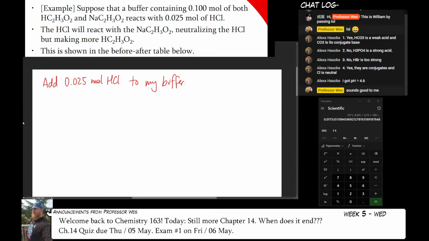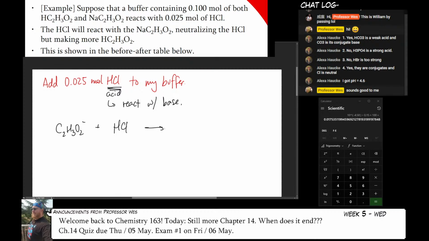So first, let's write out the reaction of the buffer with the HCl. Now, this is an acid, which means that it will react with what part of the buffer? It's not going to react with the acid, right? It's going to react with the base. So I need to write that. So here's my base reacting with HCl.